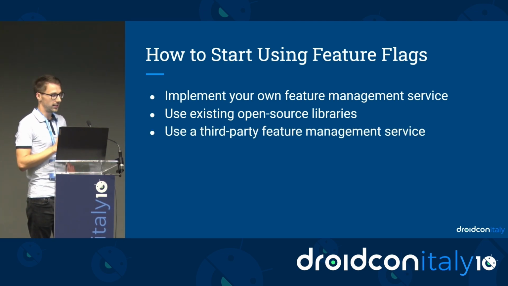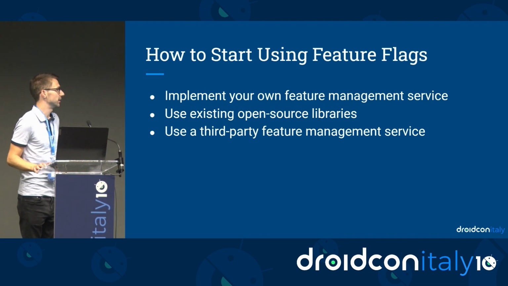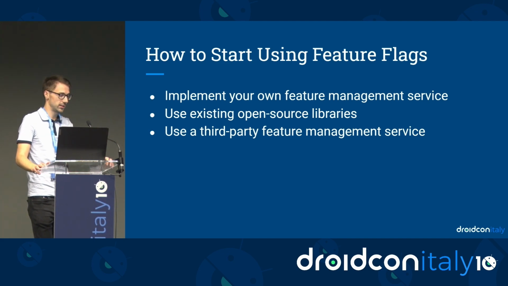And then the easiest way to get started is using a third-party feature management service. This is usually a cloud-based solution, like Firebase Remote Config, which we're going to talk about later. You don't really need to do anything.